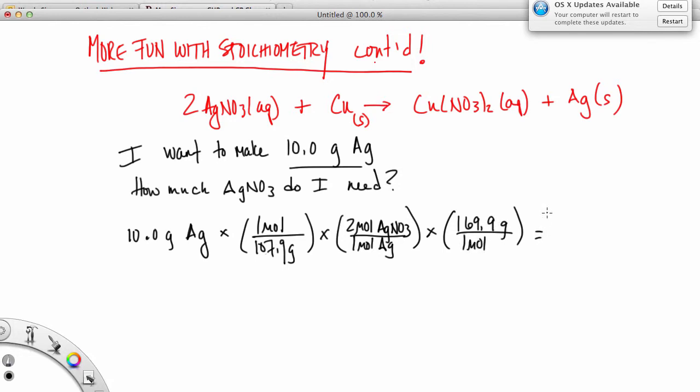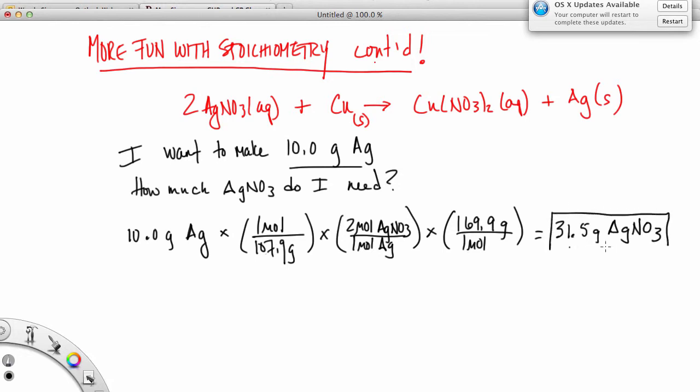And so now my problem is set up. So I have 10 grams. I divide by 107.9, multiply by 2, and multiply by 169.9. How much silver nitrate do I need? 31.5 grams of silver nitrate is needed.